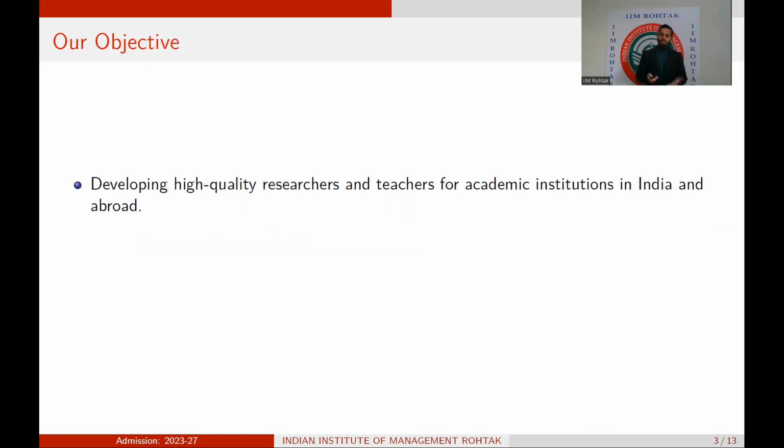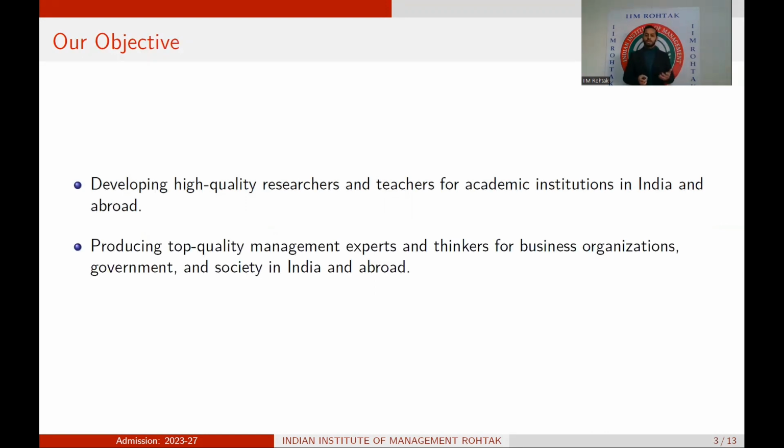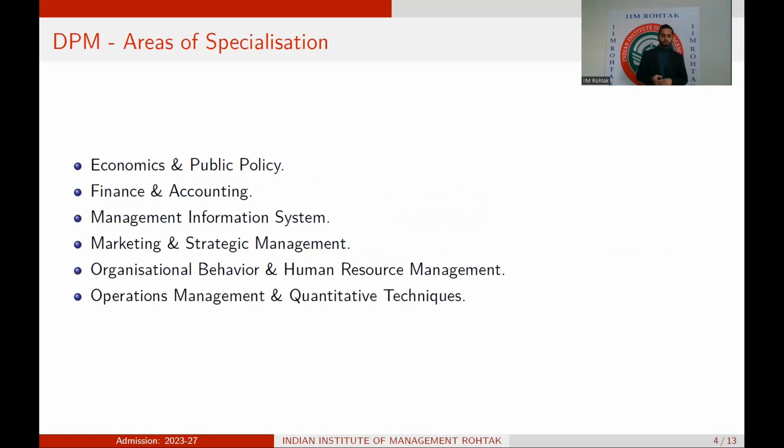The objective of this doctoral program is to create high quality teachers who would ideally eventually serve in Indian academic institutions as well as in foreign academic institutions. In addition to the creation of high quality researchers, we also strive to produce top quality management experts who would ultimately change the business organizations in which they will be working in the future.